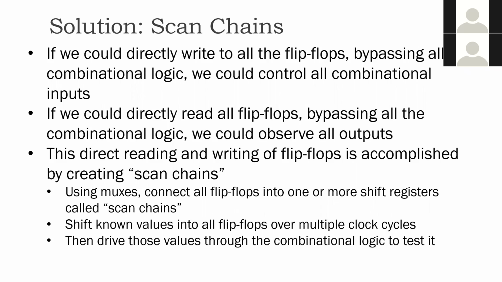Okay, so to solve this problem of controllability and observability, we implement something called scan chains. The idea is that if we could directly write to all the flip-flops, bypassing all the combinational logic, we could control all combinational inputs.